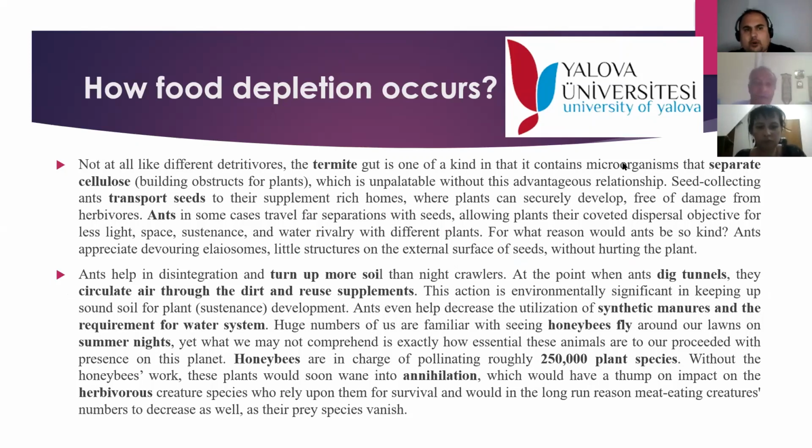They can also transport seeds, and ants can turn up more soil. They can dig tunnels, and after digging tunnels, they can circulate air through the dirt and reuse the supplements for themselves. Also, they can produce synthetic manures and meet the requirement for the water system.